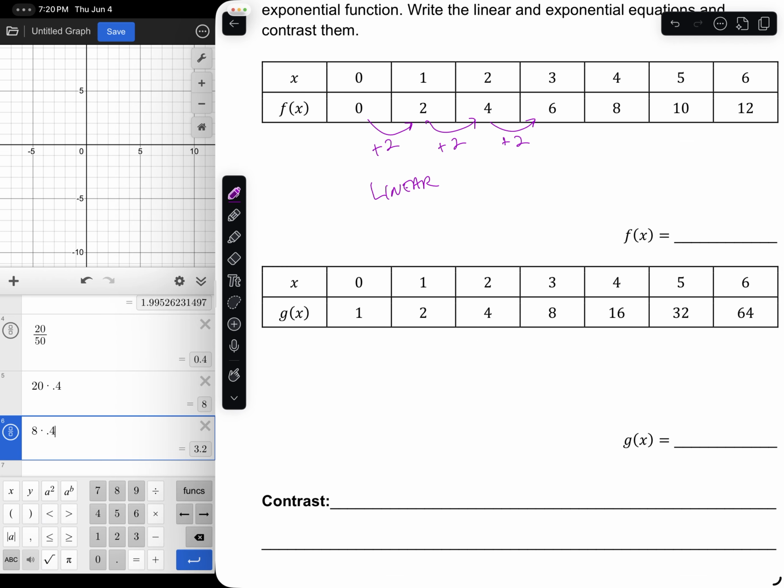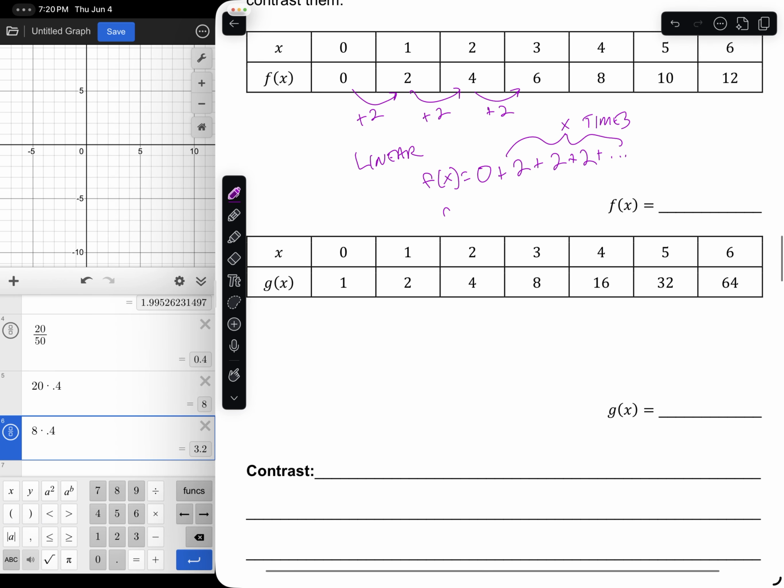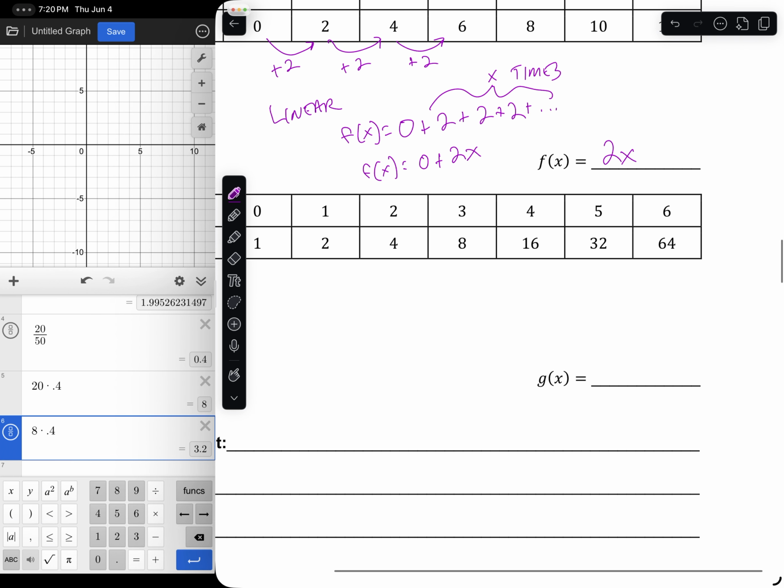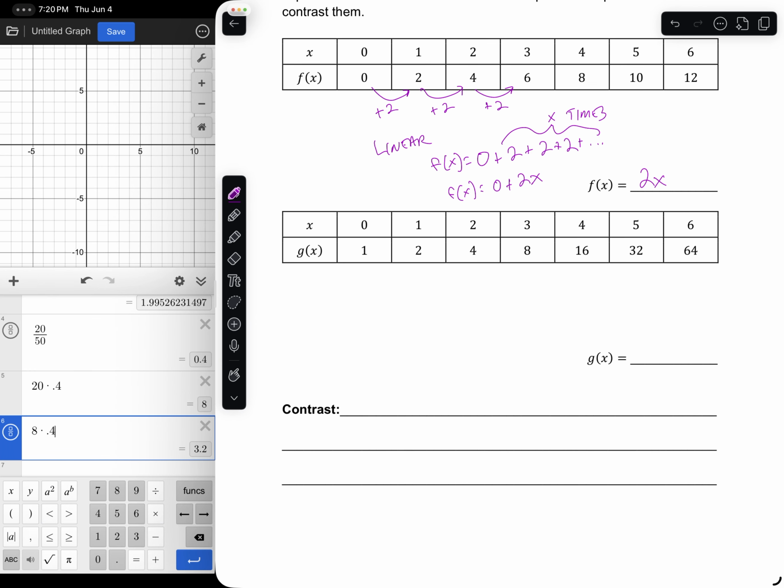And if I'm making an equation, I'll say f of x equals the first value 0 plus 2 plus 2 plus 2 plus, I'm going to do that x times. So what I write is 0 plus, if I have repeated addition of 2, multiplication is the shortcut. So I'm going to do 2 times x. And then because it starts at 0, I can just drop the 0 because plus 0 doesn't do anything. So this one would just be f of x equals 2x.